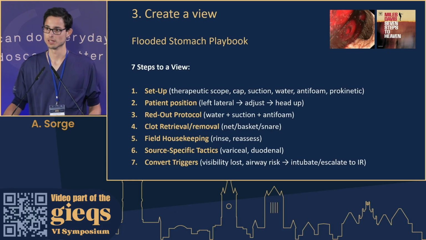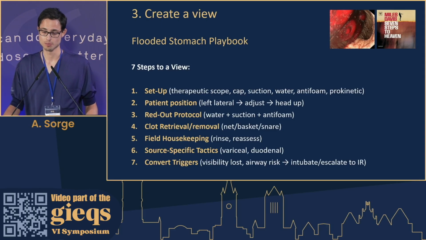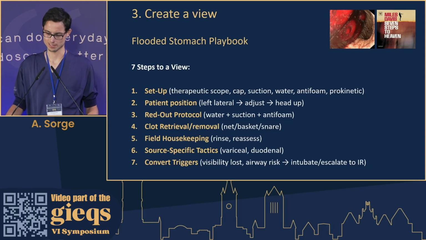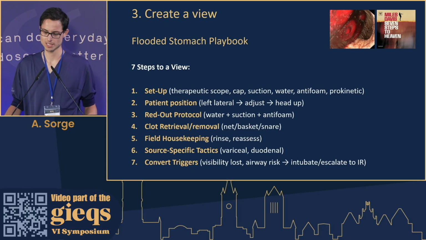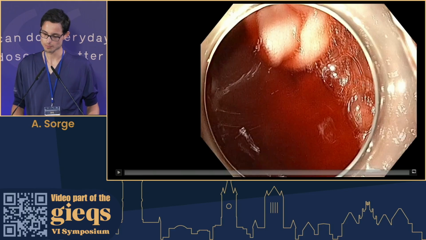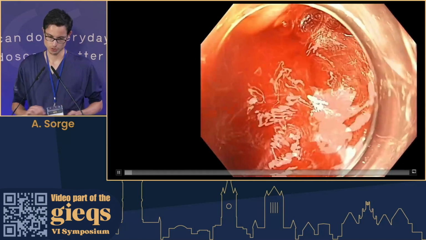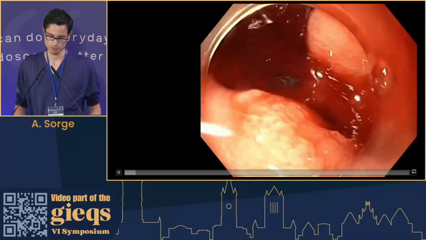Think about dealing with clots with a retrieval net, or aspirating them outside the patient. Think about field housekeeping and source-specific tactics for variceal and duodenal bleeding, and convert triggers for intubation or escalation to interventional radiology.